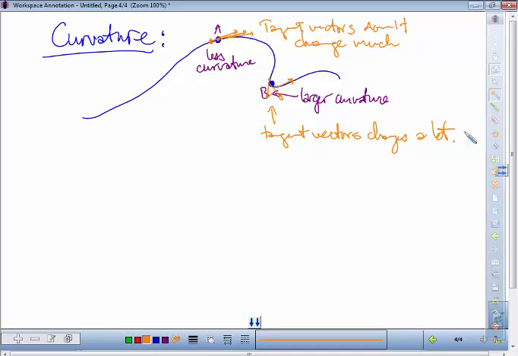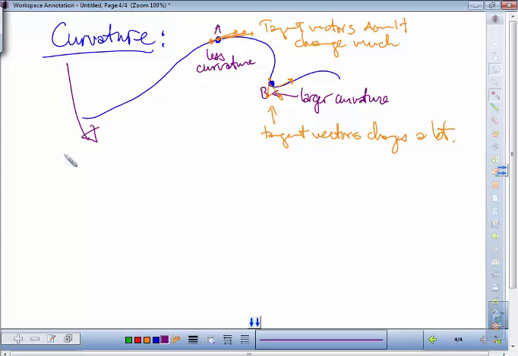So here's the first definition of the curvature. I would probably consider this a more theoretical definition of the curvature, because we'll find a more hands-on working definition where we can actually do computations.